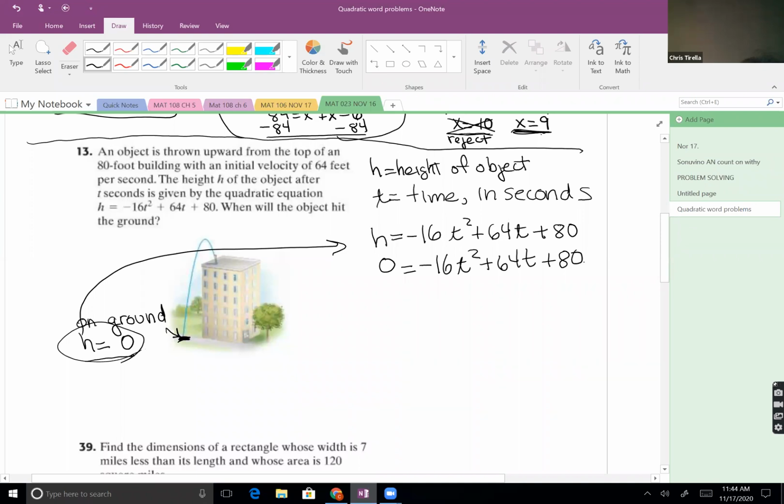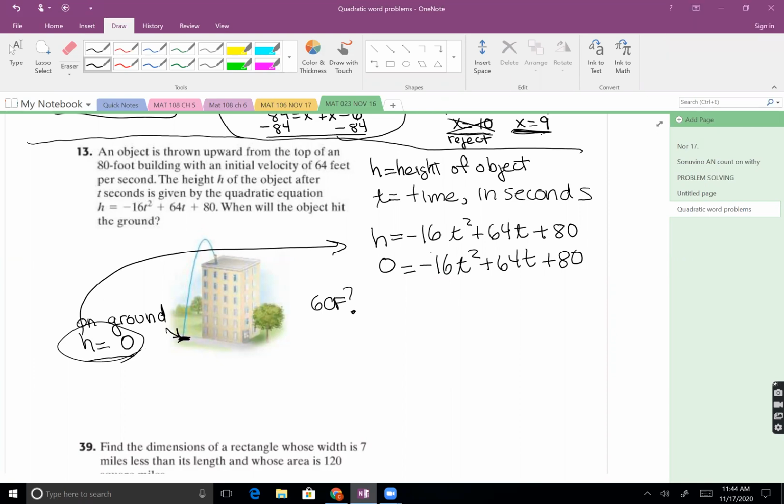So first we're going to have to factor. Is there anything in common? What's the biggest number that goes evenly into 16, 64, and 80? Any ideas? A number that can divide all three of those. Not just any number, but the largest number. 8.